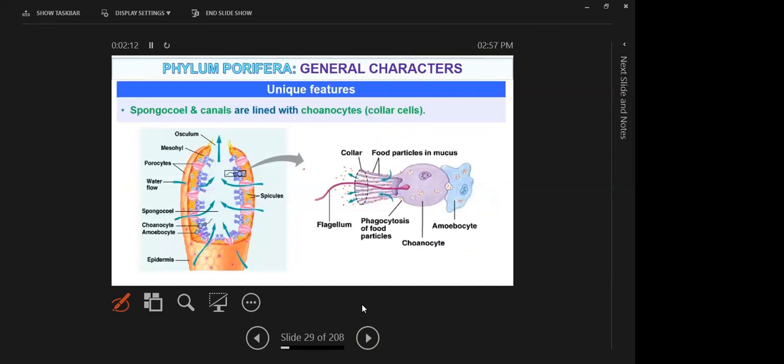Okay. Here, another unique feature: you can see this is the osculum, the single opening, and this is the spongocoel, the central cavity. The spongocoel and canals are lined by choanocytes. What are choanocytes? Choanocytes are collar cells.